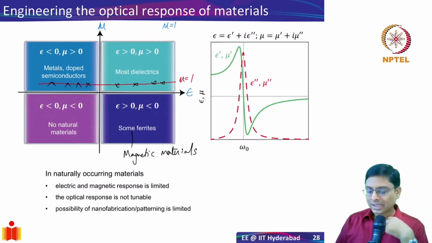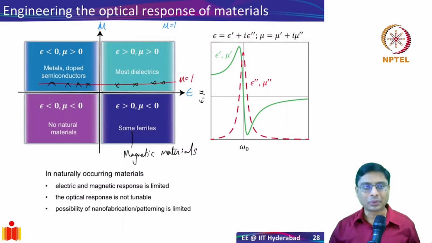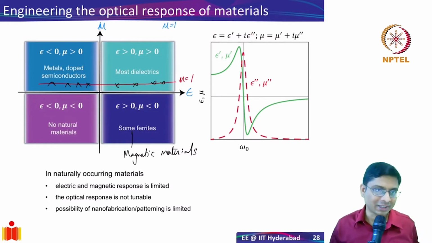We can get an idea of how to get these negative mu and epsilon by looking at the Lorentz oscillator. So far we looked at the Lorentz oscillator only for epsilon, but it is possible to create a Lorentz oscillator for even magnetic permeability, and the same things hold.